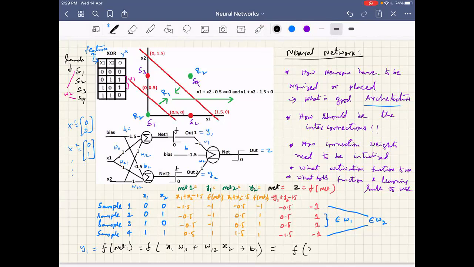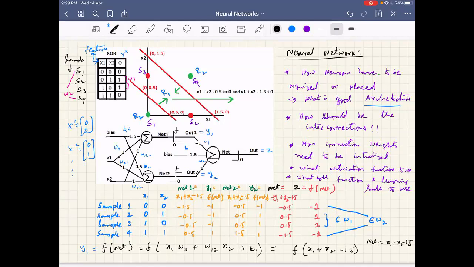W11 is 1, so X1, plus W12 is again 1, so it is X2. B1 is minus 1.5. So this is what Y1 is. And hence, net1 is equal to X1 plus X2 minus 1.5.